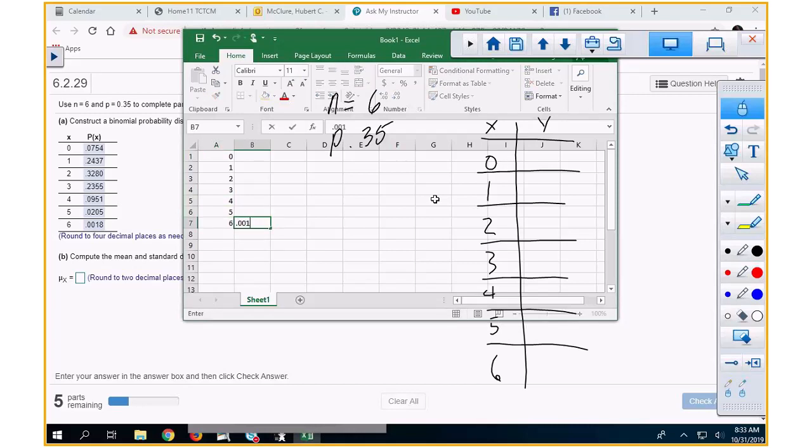And we did this in class. 0.0018, 0.0205, 0.0951, 0.2355, 0.3280, 0.2437, 0.0754.